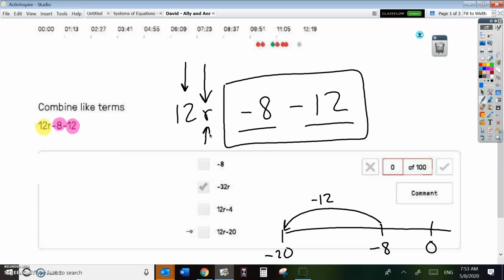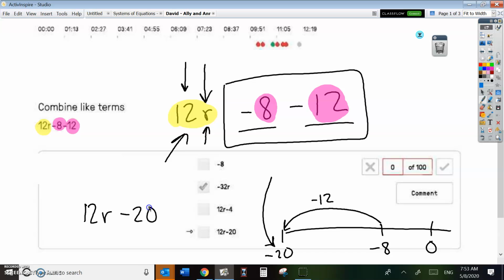These two terms are not multiplication problems, so you can put those two together, and remember that they're negative. So your 12r can't be combined with anything, but your minus 8 and your minus 12 can be combined to minus 20. So you have 12r minus 20.